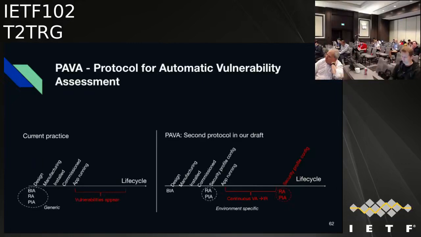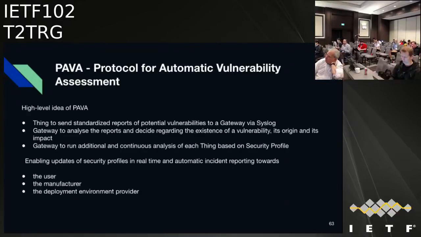If you go to the next slide, so the very high level idea of this protocol that is even less described than the previous one in the draft. So for sure, if this is interesting, there is lots of work to do. The thing could send standardized reports of potential vulnerabilities to the gateway, for instance, via syslog.